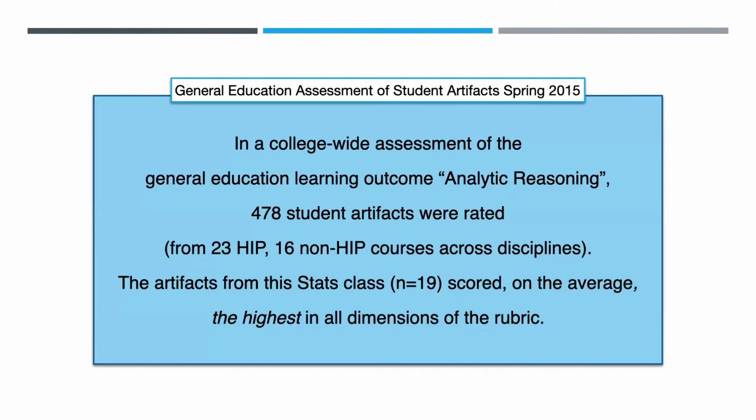These 478 student artifacts came from a total of 39 classes from across the disciplines. They made a distinction. 23 of those classes that entered the assessment were classes where a high impact practice was incorporated. And the other 16 classes were just regular courses that did not have any high impact practice integrated into the course.